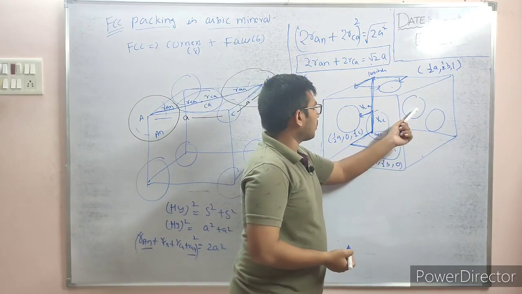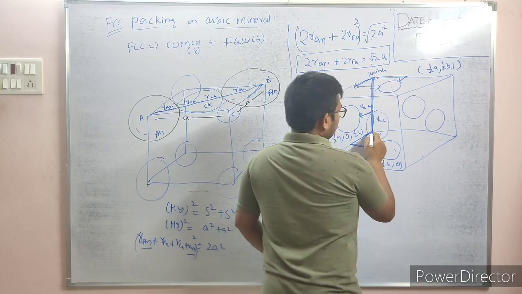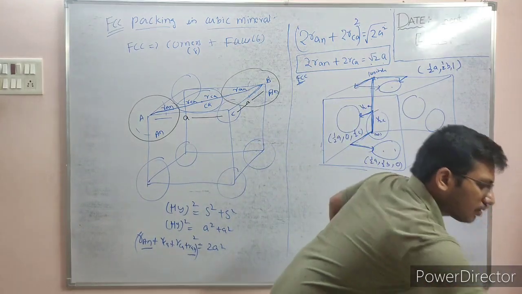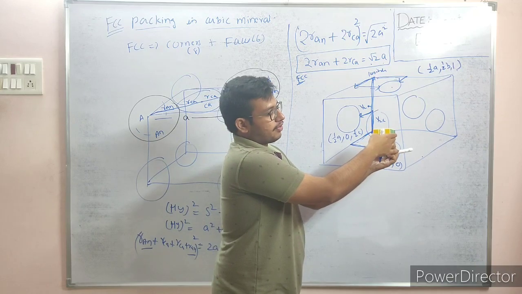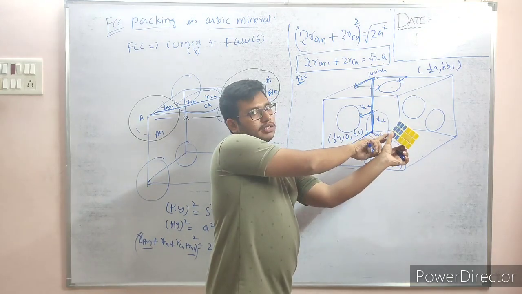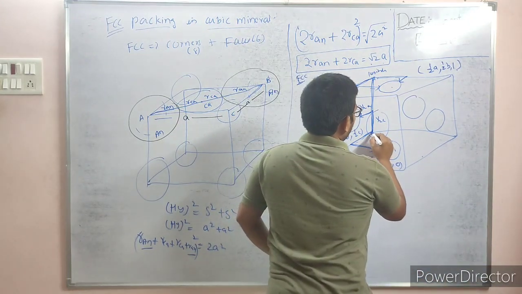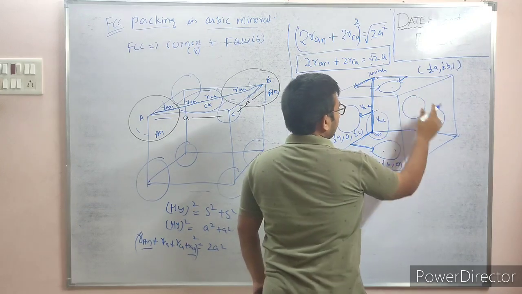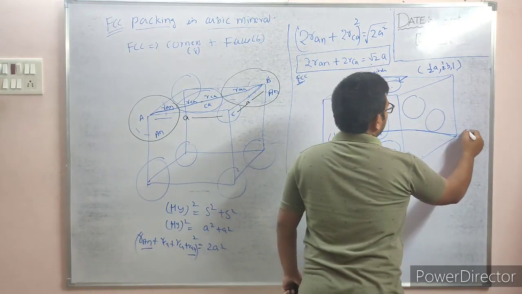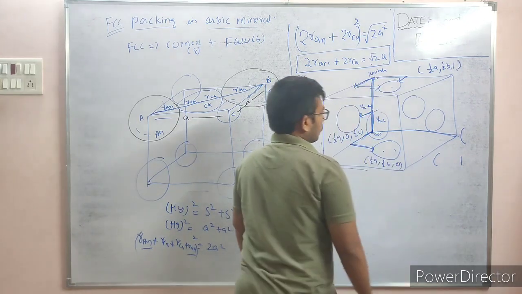If you take this atom, this face of the cube, and we are measuring from the origin here, it is traveled along the B axis, so put the value B1.